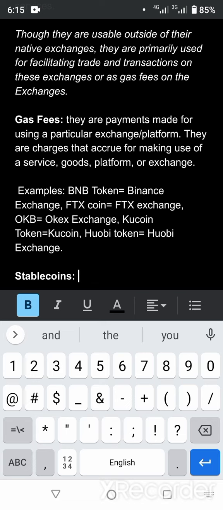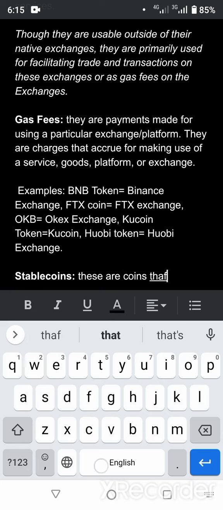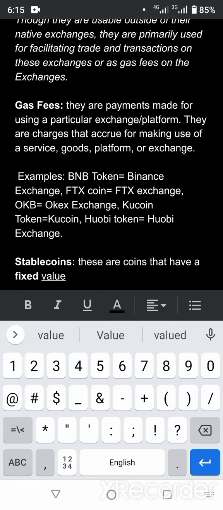Stable coins, like I explained, are coins that are fixed. These are coins that have a fixed emphasis on value.